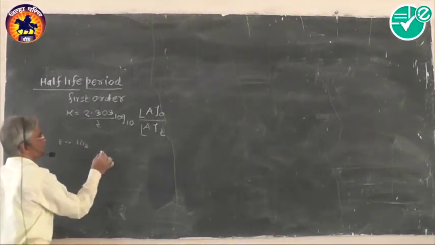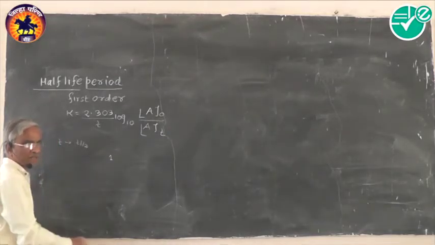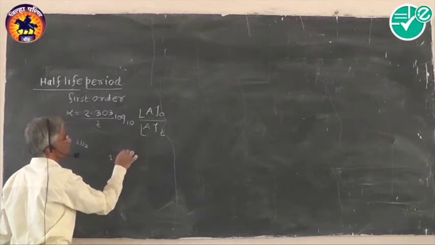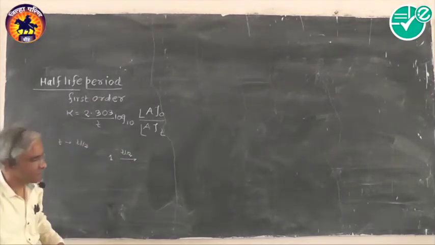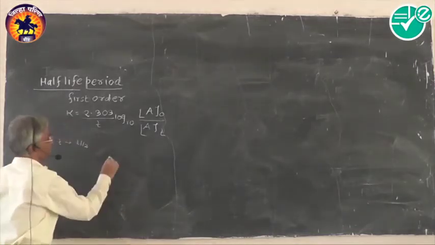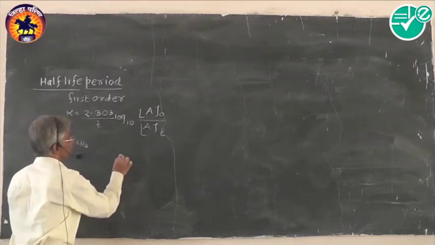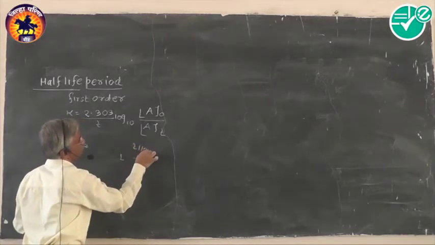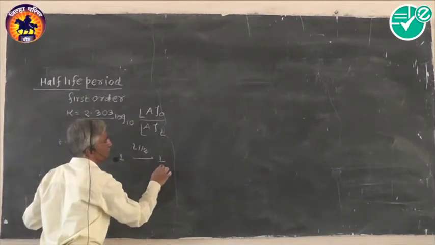Say for example we have initial concentration as 1 at time t equal to 0. After the first t 1/2, the concentration will reduce to half, it will become 1/2.